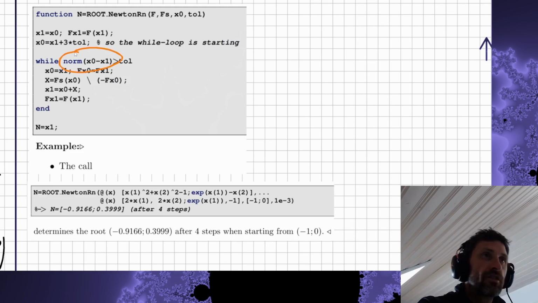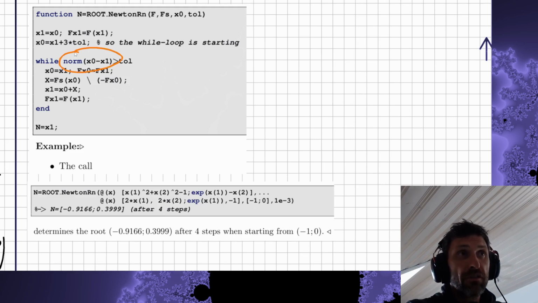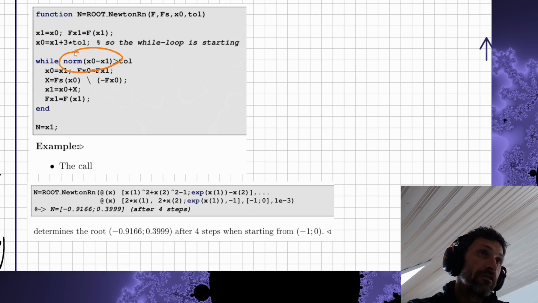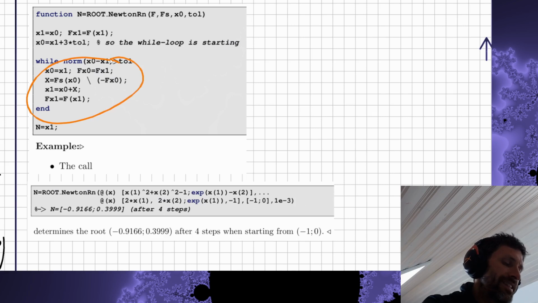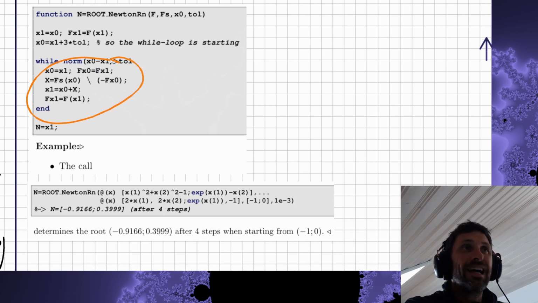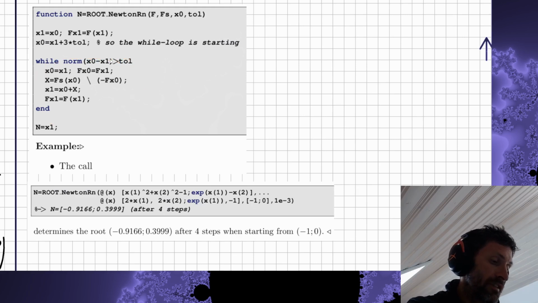The one-dimensional code would use absolute value, and here we have to use the norm, the Euclidean norm, okay? And all the rest is more or less unmodified. I think it's completely unmodified.